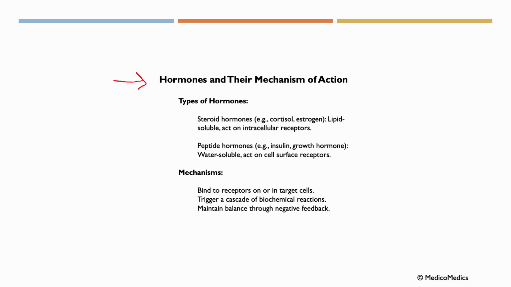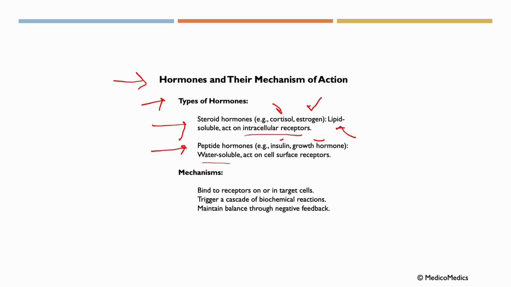Now, hormones and their mechanism of action. So we have different types of hormones. We have, for example, steroid hormones like cortisol and estrogen. They are lipid soluble and act on intracellular receptors. We have peptide hormones like insulin and growth hormones.